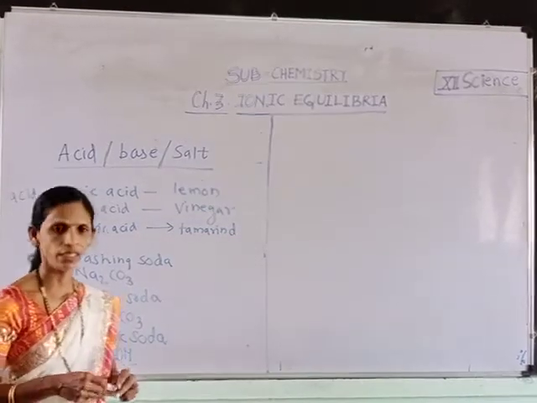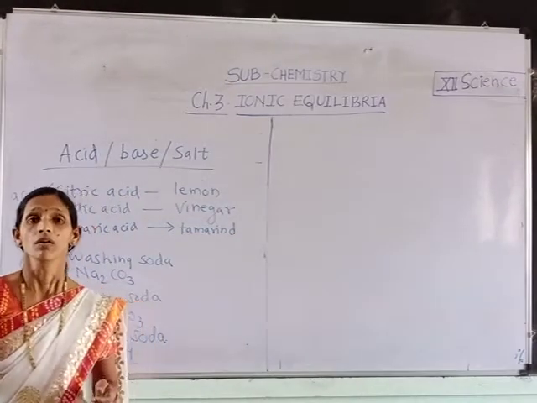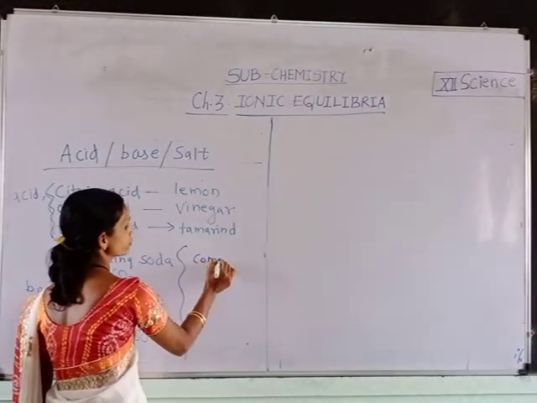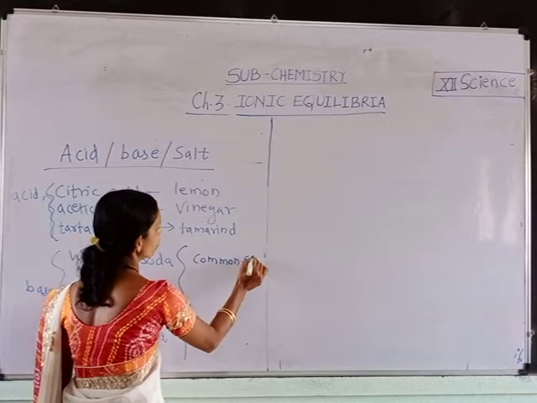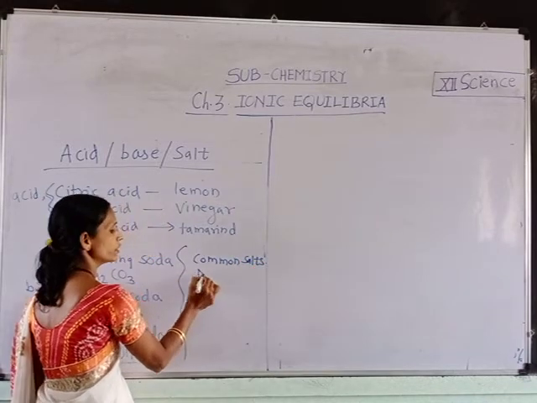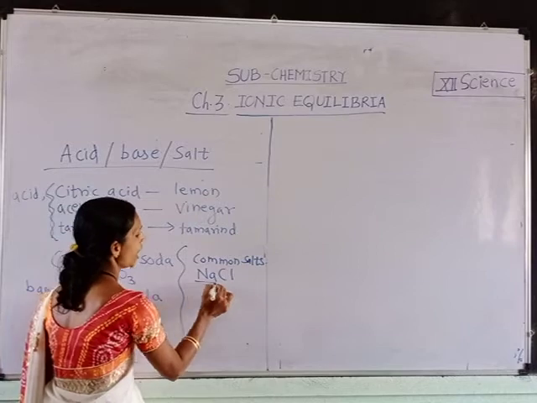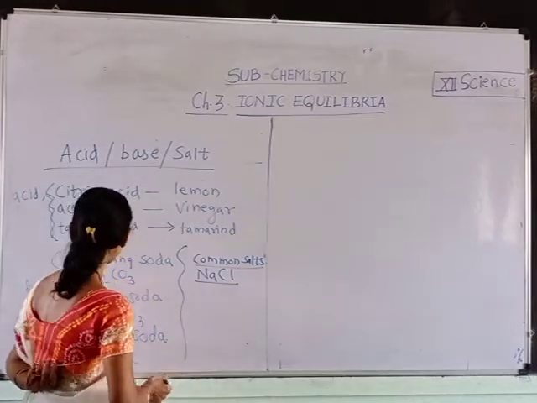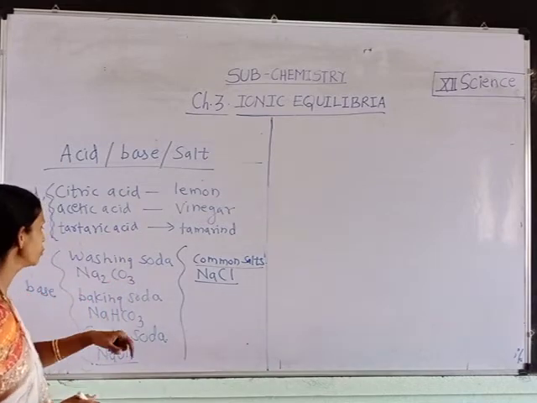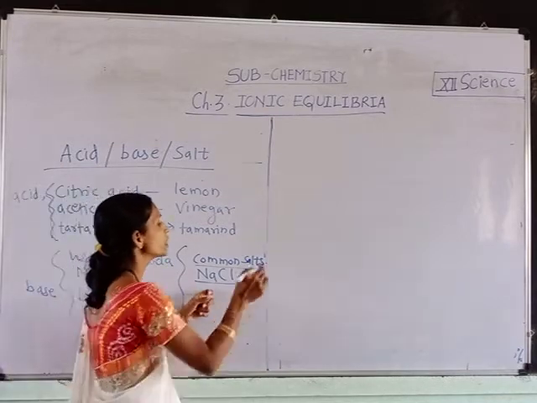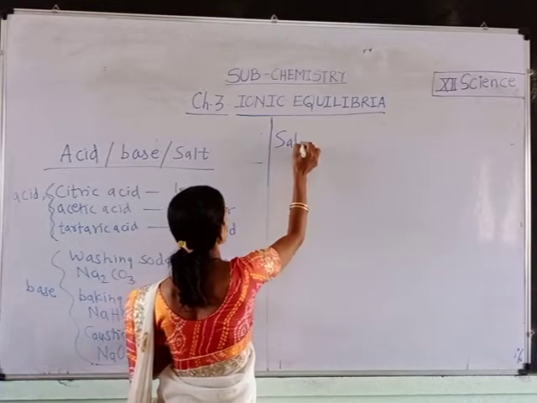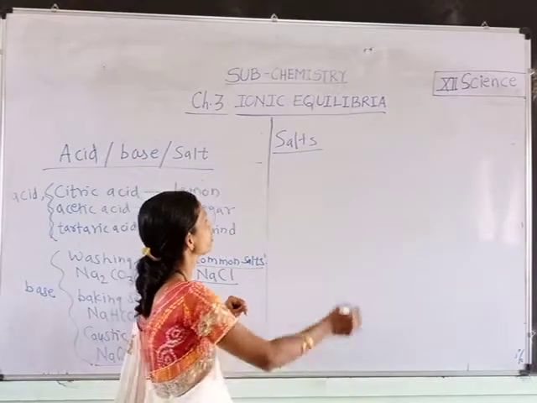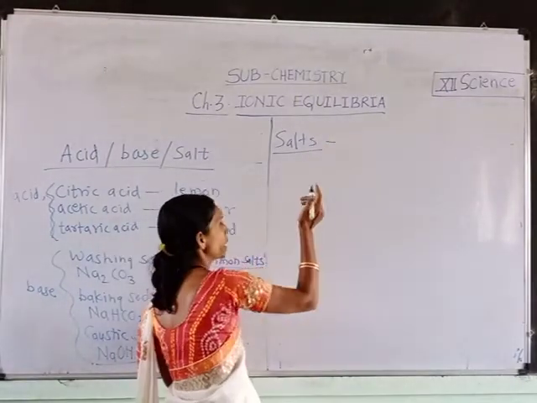And generally we use a few substances like common salt, that is NaCl. Then there are different types of salts used in daily life. I have discussed different types of salts in 11th standard. Salts are of different types.